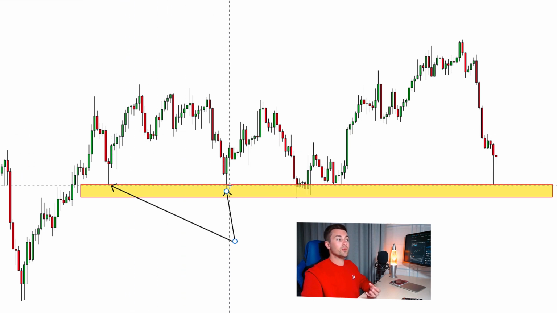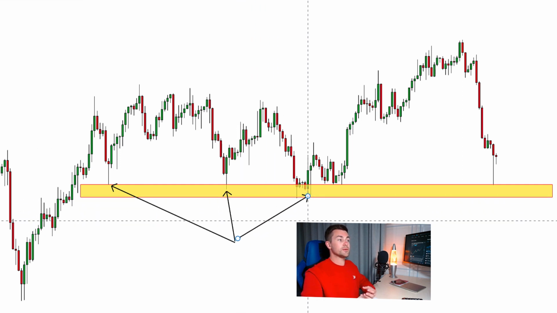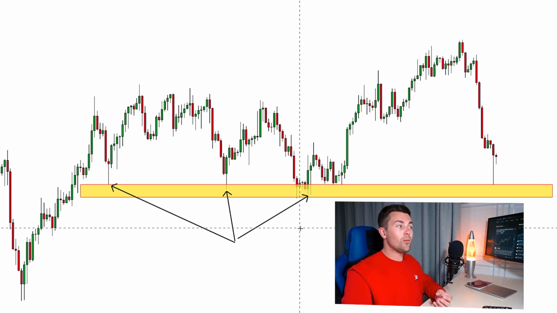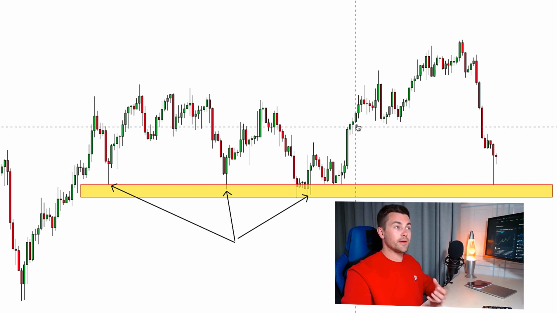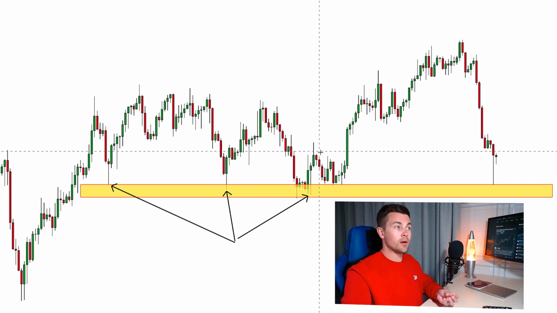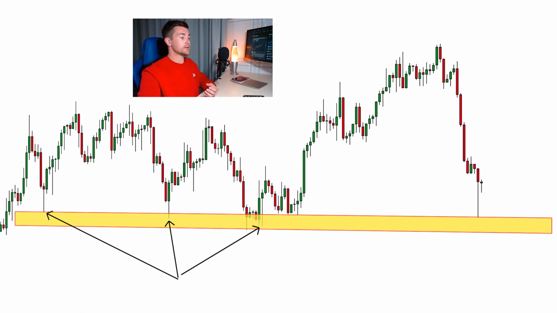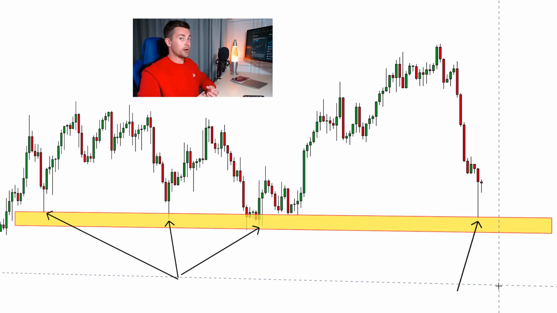We saw a very nice rejection right here, and again the consequent bullish reaction. And again we see a very strong rejection right here. So each and every time the market approaches this structure, we see the rejection, and after that we see a consequent strong bullish impulse. So this time, with this rejection that we can see right here, we can expect the same kind of reaction.